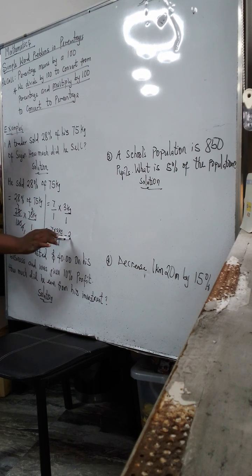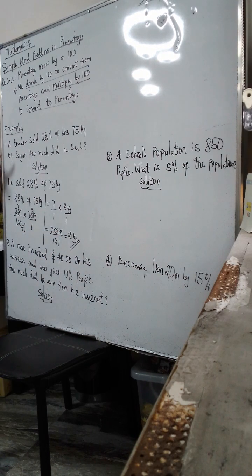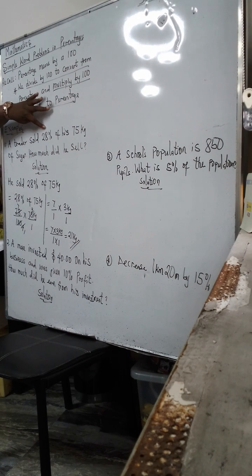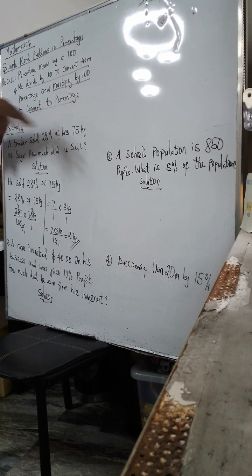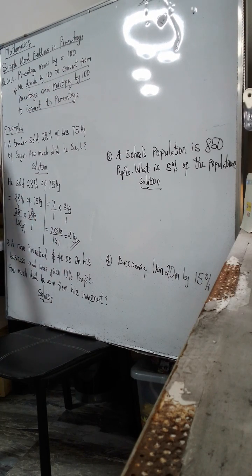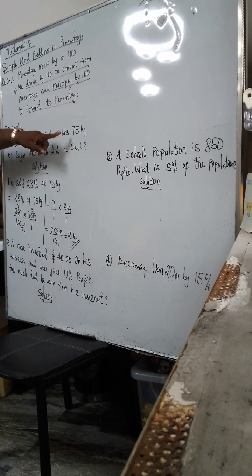And this is 21 kg. So if the trader sold 28% of 75 kg of his sugar, he sold 21 kg.